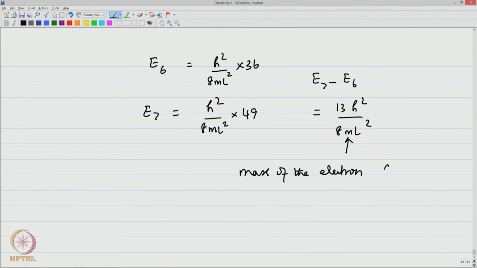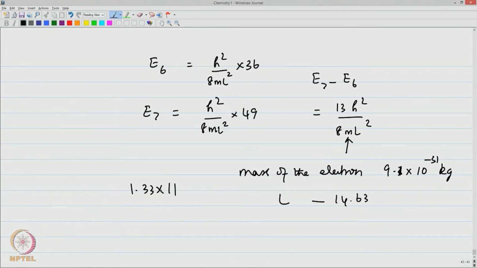So, you can write that as 9.1 times 10 raised to minus 31 kilograms, and L I have already given, 14.63. It is 1.33 into 11.